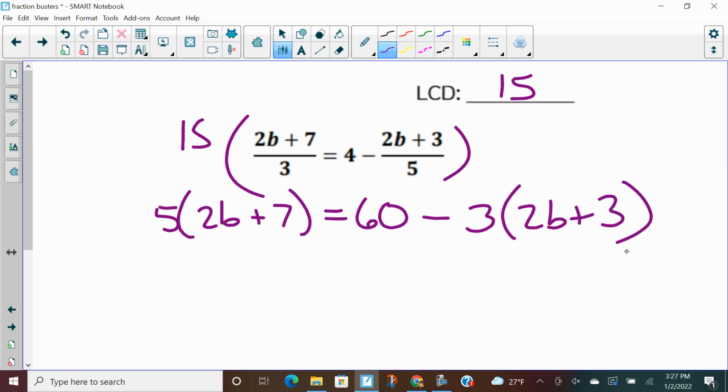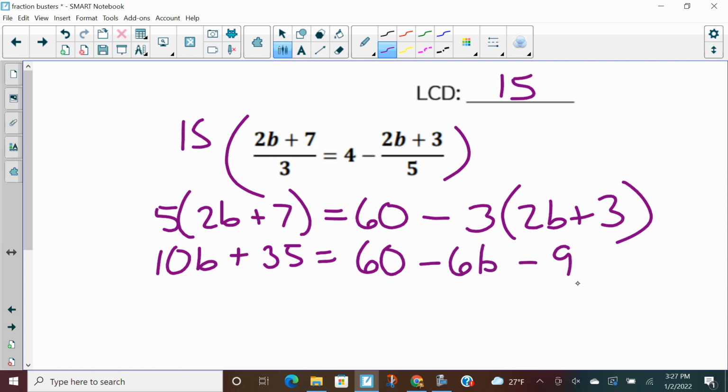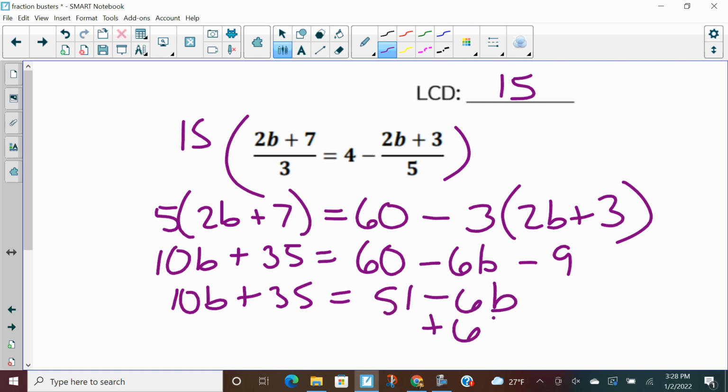All right, so I simplify. So I get 10b plus 35 equals 60 minus 6b minus 9. 16b plus 35 equals 51 minus 6b. Add 6b to both sides.